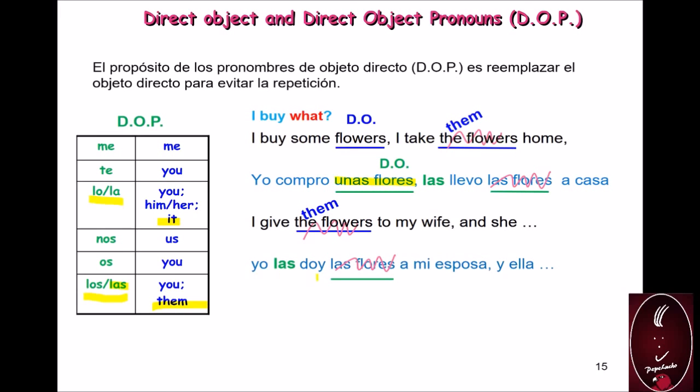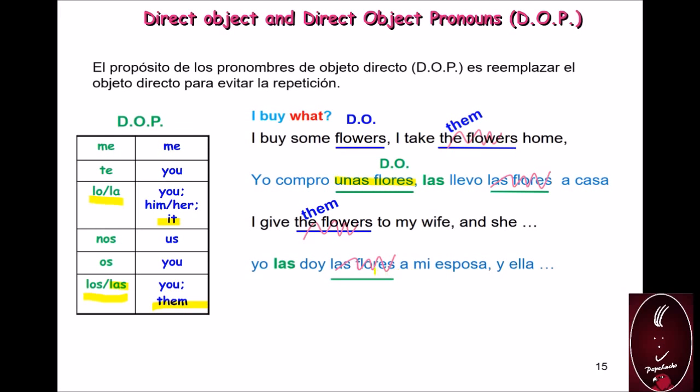Yo las doy. So my example will be like: yo compro unas flores, las llevo a casa, yo las doy a mi esposa y ella, you know the rest.